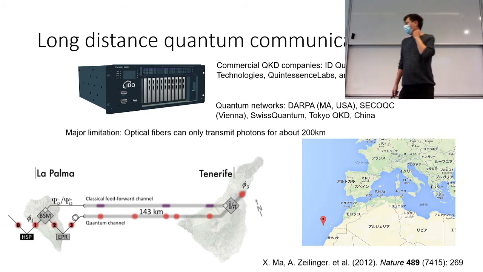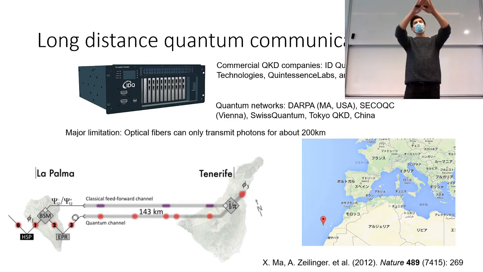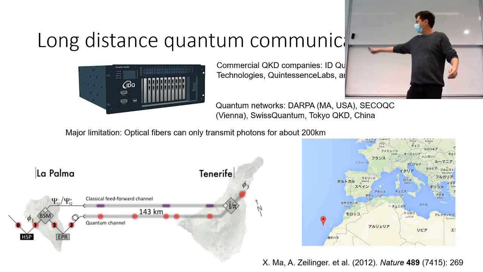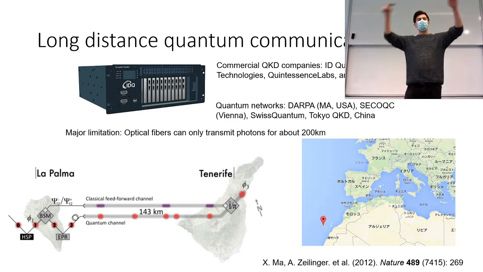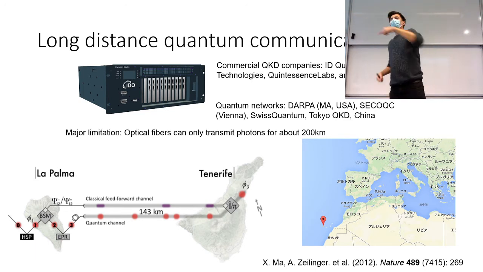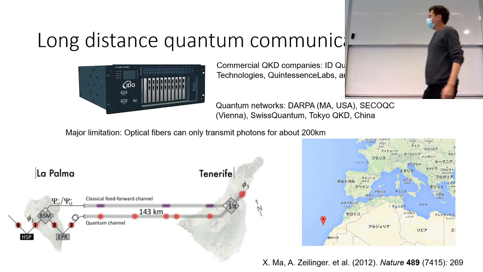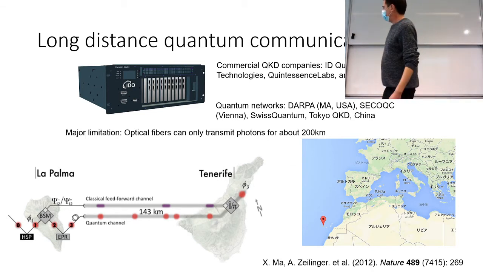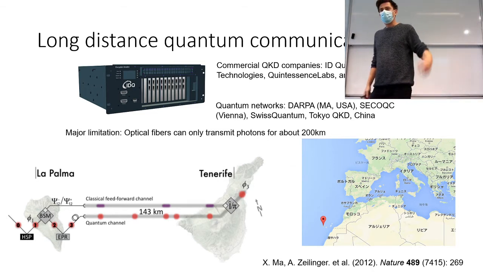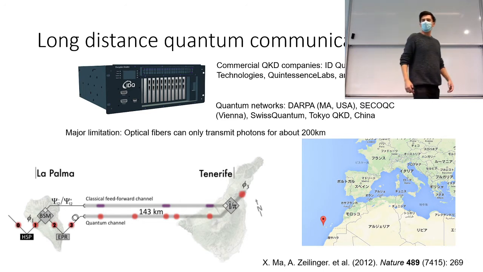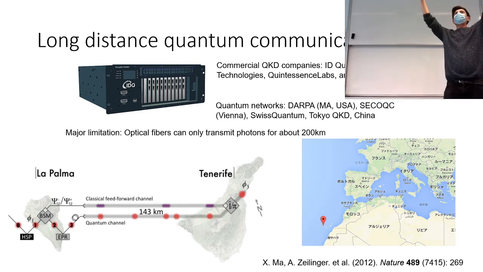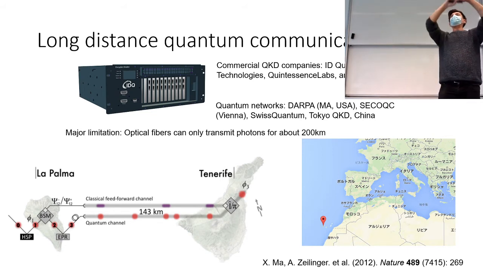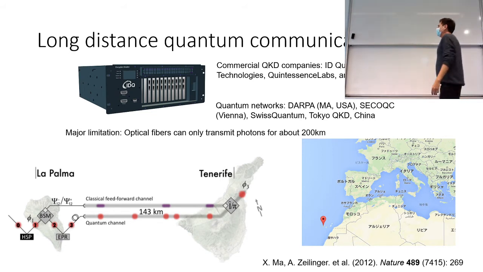If you think about the curvature of the Earth, over 143 kilometers the Earth is already curving so that you can't even get a line of sight. So one thing is that on these islands, I think they're probably volcanic or something like that. So there are huge islands here, so you can actually get over the Earth's curvature.